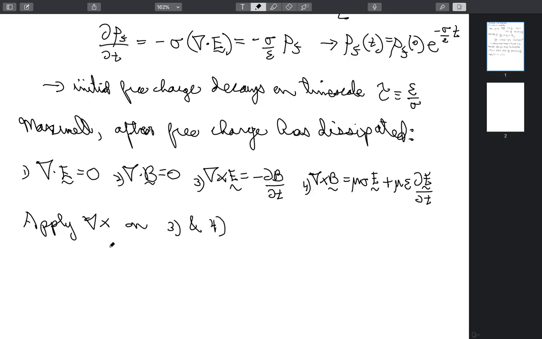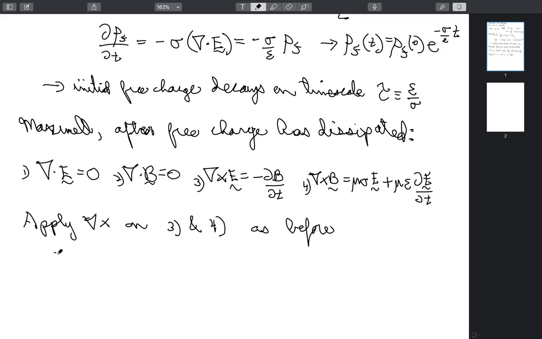And as before, you'll remember that for the curl of the curl, we can use the vector identity relating that to the Laplacian. And what we get is that we can then just separate the electric and the magnetic field.